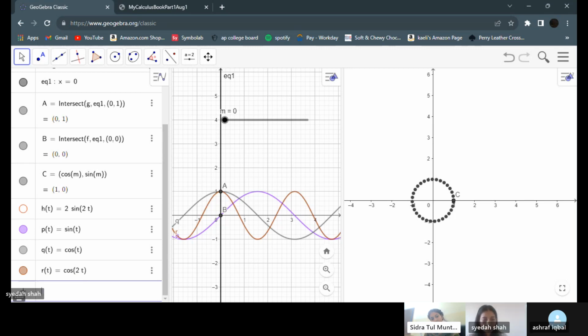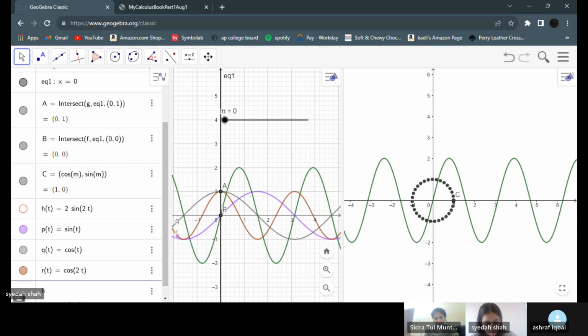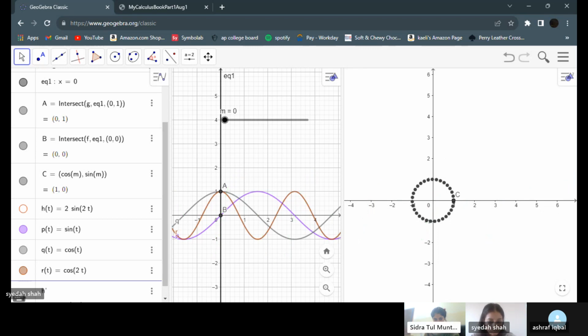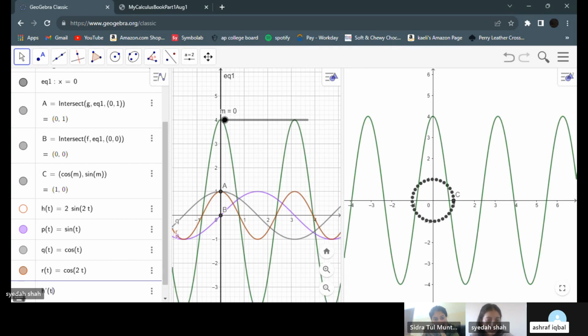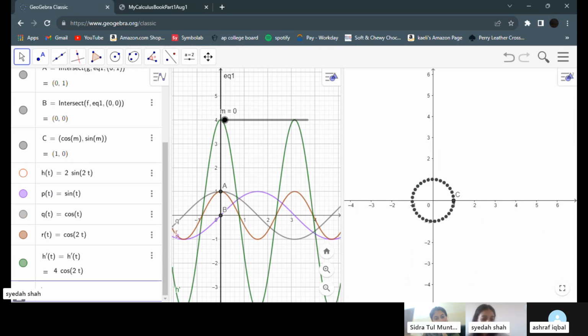Then GeoGebra will take the derivative for you. Yes. Now write t in small brackets. Yeah. Now enter it. GeoGebra has taken a derivative for you.